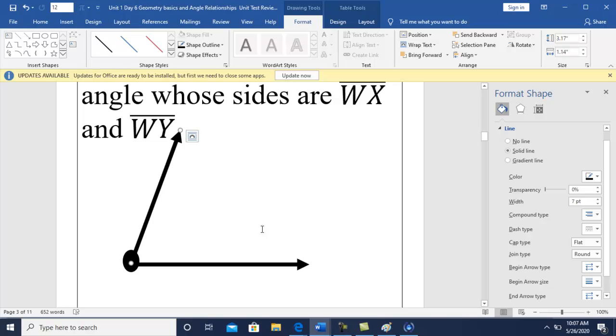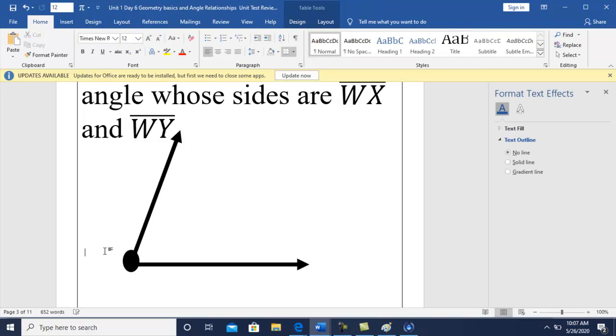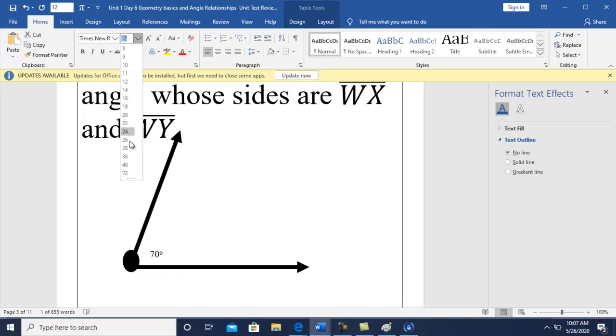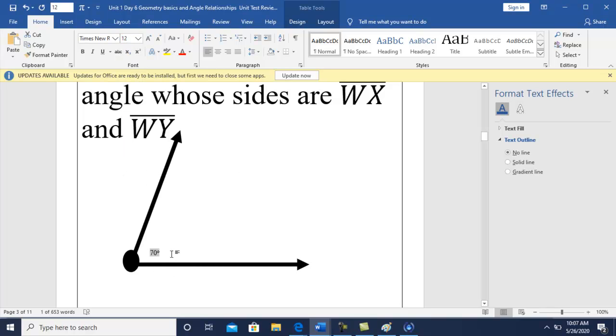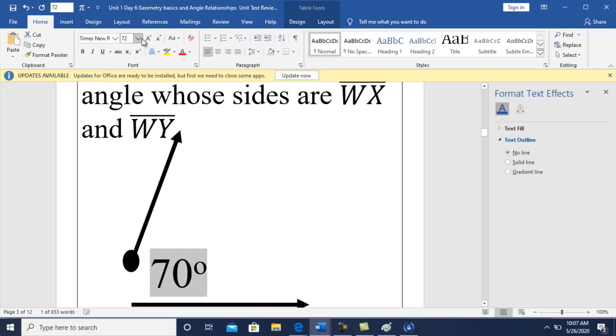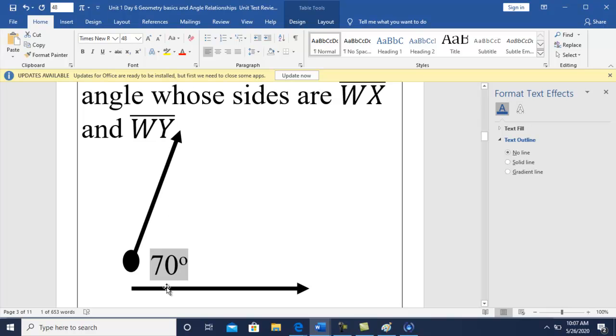And then we can put the number 70 and the little degree symbol, 70 degrees. Let's try again, a little too big. Then just move your angle up a little bit. There you go.